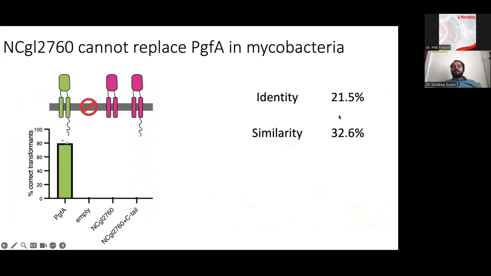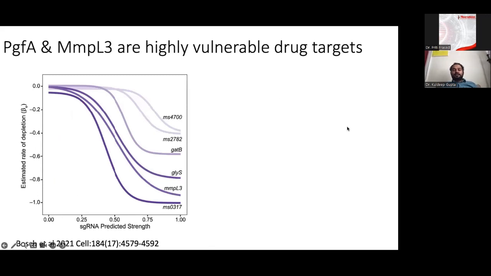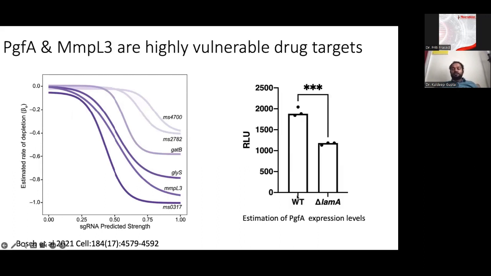Bioinformatic analysis tells us that the sequence identity between NCgl2760 and MSMEG_0317 is pretty low. Meanwhile, while we were doing this work, another group reported that both PGFA and MMPL3 are highly sensitive drug targets, and our results also showed this.